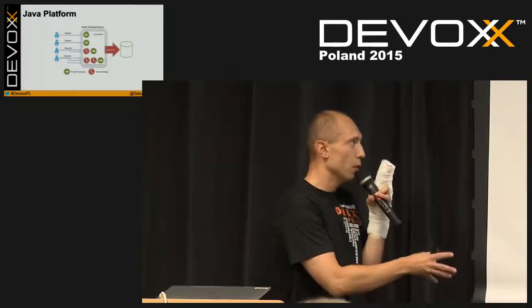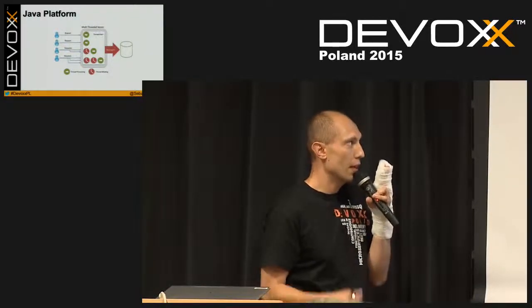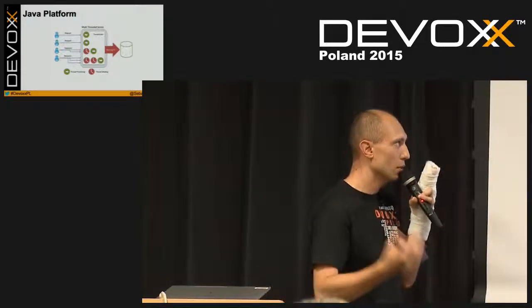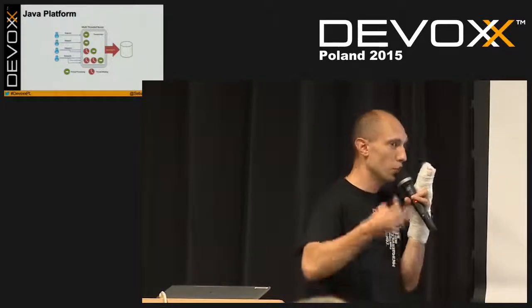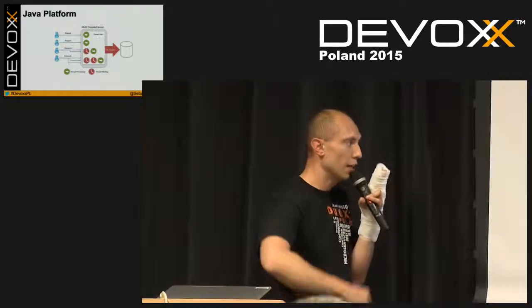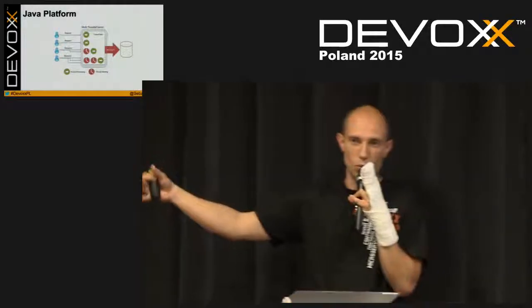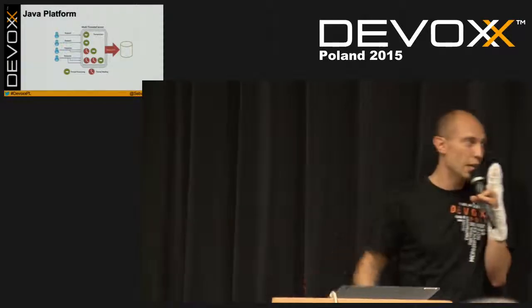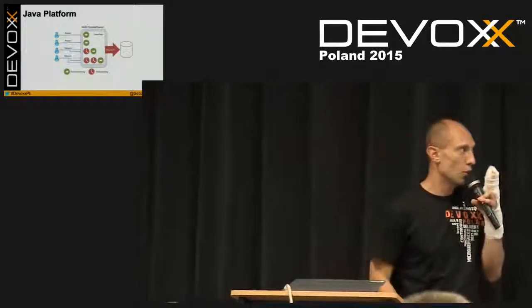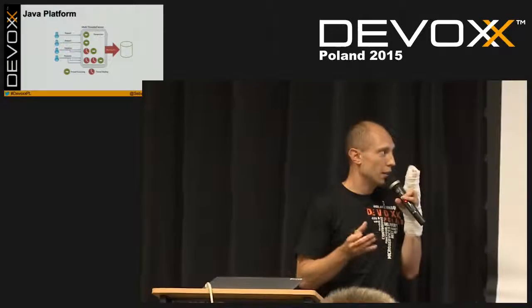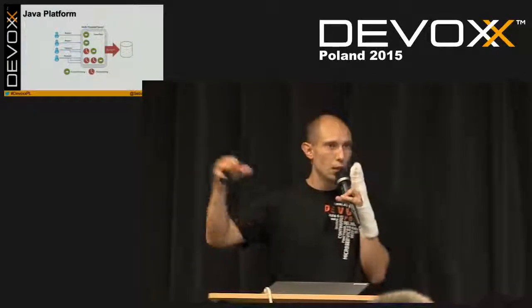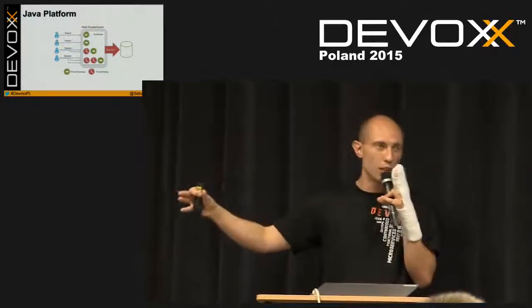In that platform, we have plenty of threads, and each thread can proceed with one request. So a request comes, the thread works on it, performs the operation very quickly, and goes to read something from the database. And what has happened? This thread is waiting, not proceeding with any action. And when too many requests are coming, at the end of the day the pool of threads will be empty, because a lot of them will be just waiting for resources.